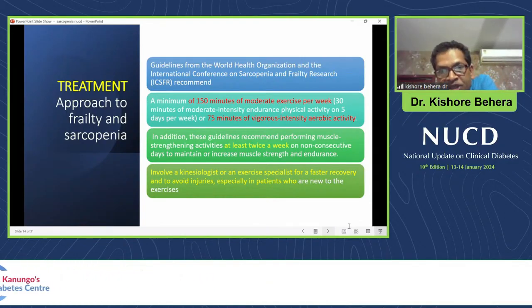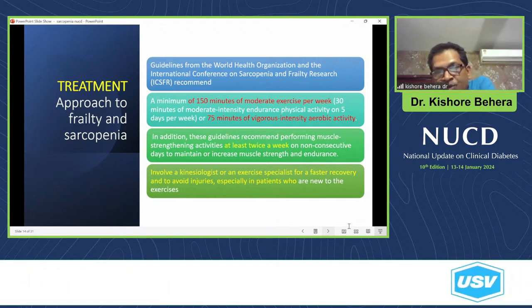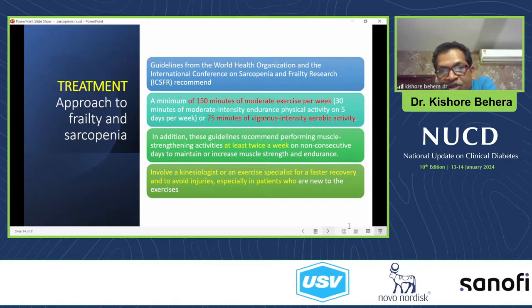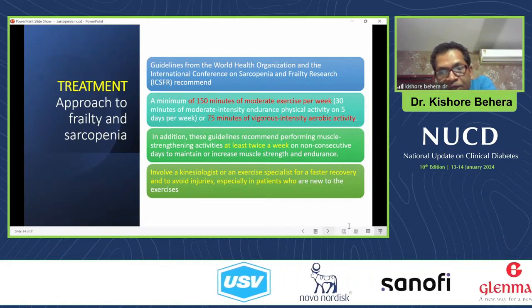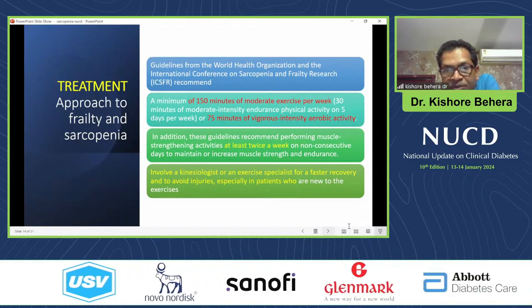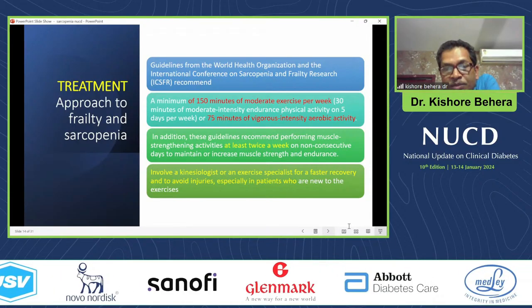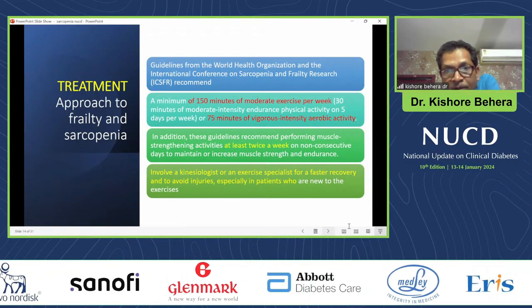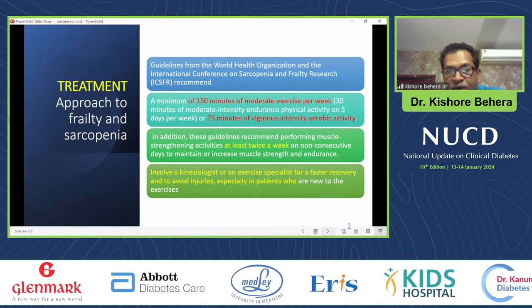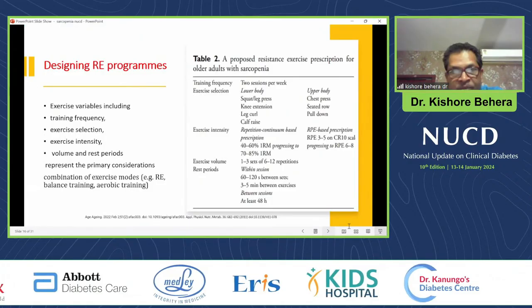In addition, this guideline recommends performing a muscle strengthening activity at least twice a week on non-consecutive days to maintain or increase muscle strength and endurance. And that should be done with exercise specialists delivering the exercise. It will be supervised first, and subsequently the patient can do it.